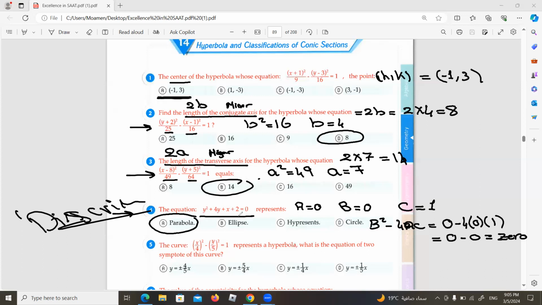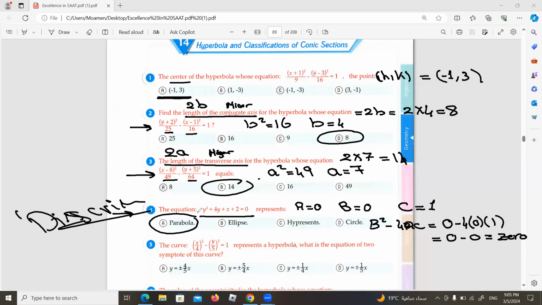I'm looking at the equation: I have y squared, I don't have x squared, only y squared. If you have only y squared, it's a parabola. I give you another detail: y squared means it's a horizontal parabola.